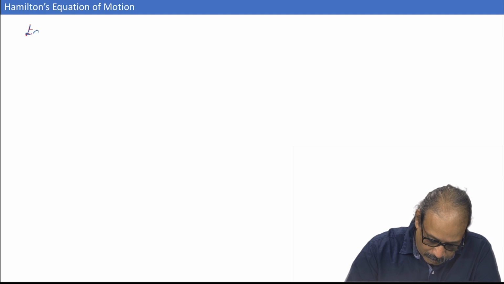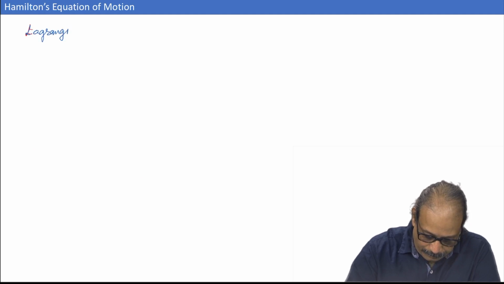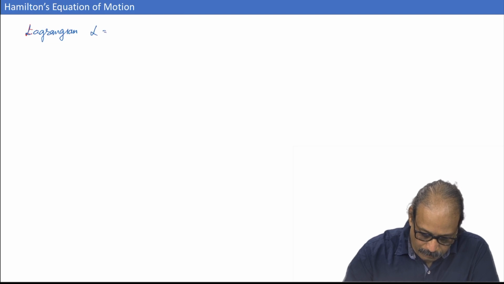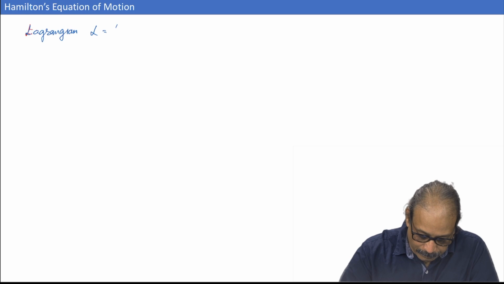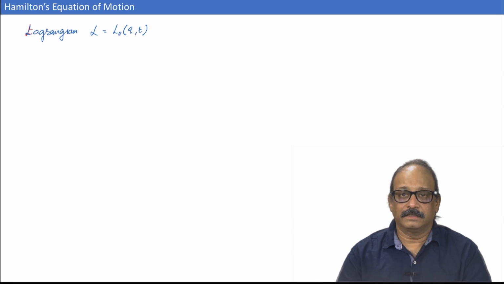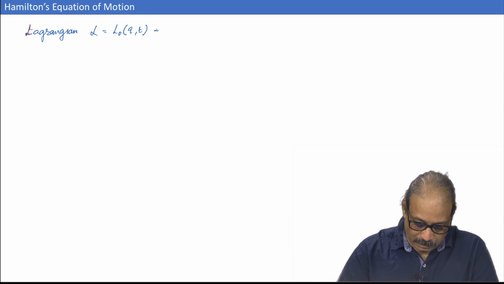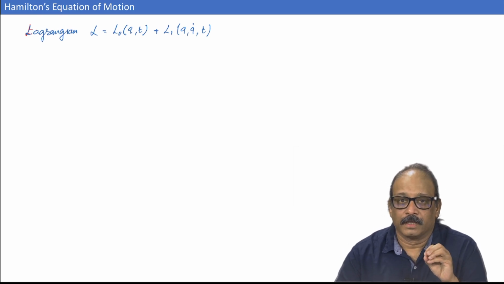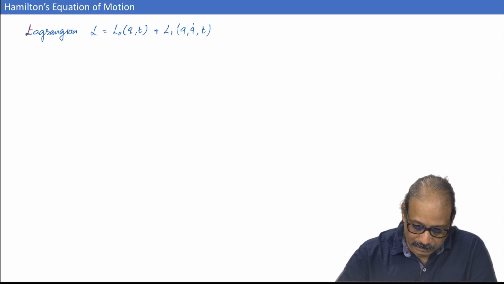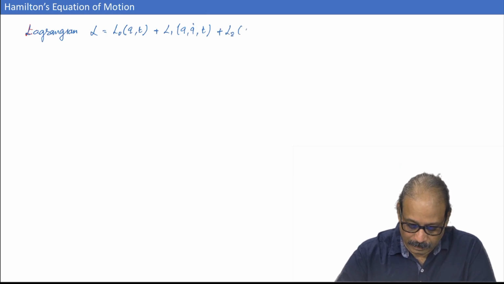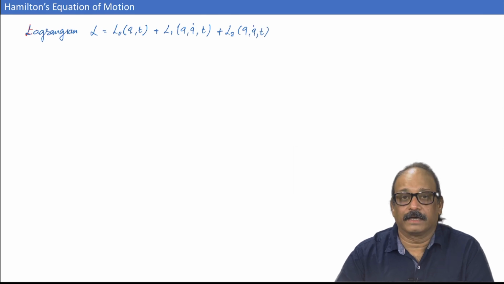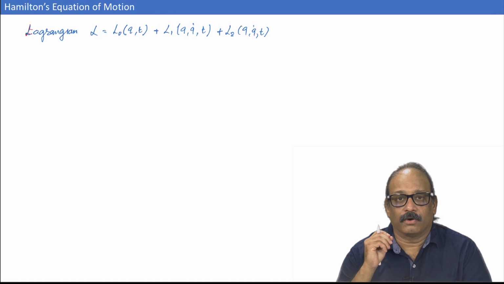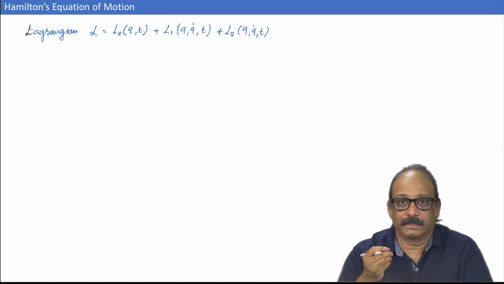The Lagrangian has a form which is, I will write L 0, which is a function of q and t. Remember again here q represents the n generalized coordinates, plus a term L 1 which is a function of q dot, but we will assume that this L 1 term is only linear in q dot, plus the second term, and we will assume again here that the L 2 term is only quadratic in q dot.